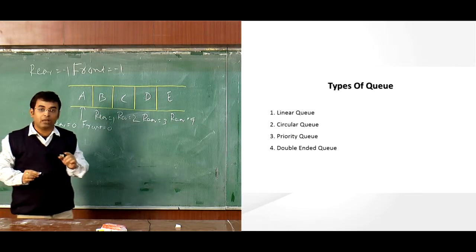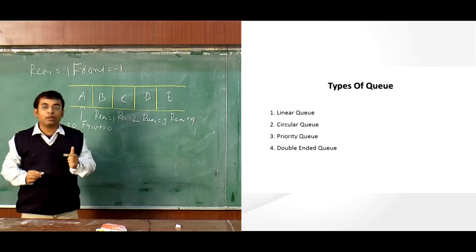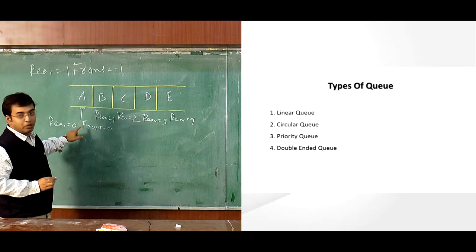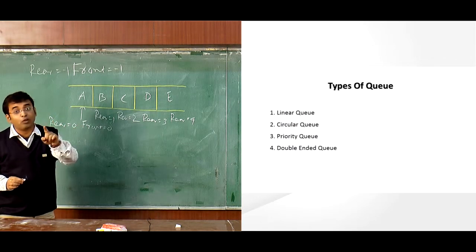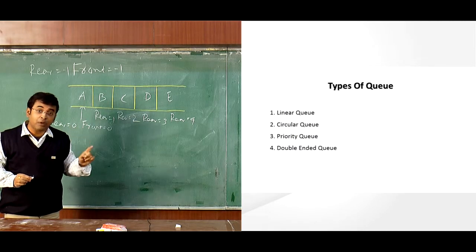Now, if you want to delete, I told you the order is first in first out. So we have to delete the first element from the front, location 0. In this case, first you delete, then front will be incremented. In the previous insertion case, rear must be incremented first, then you insert.